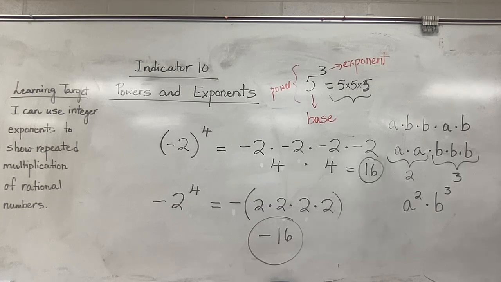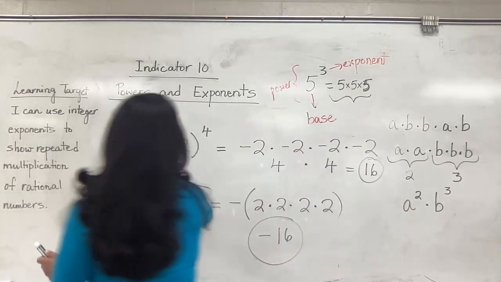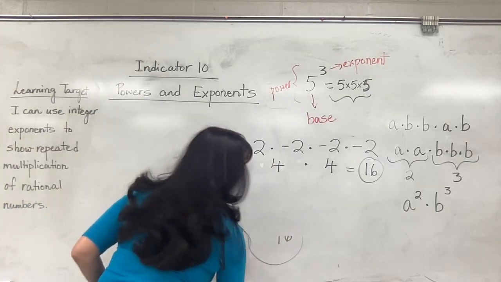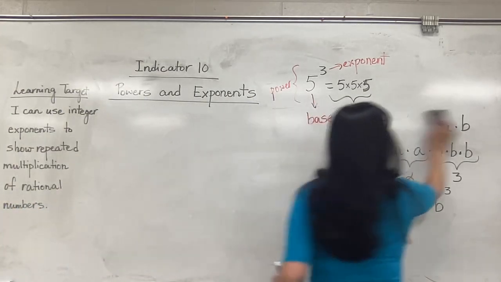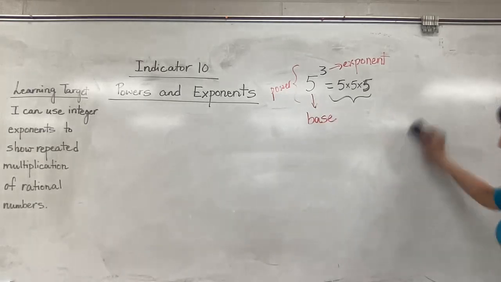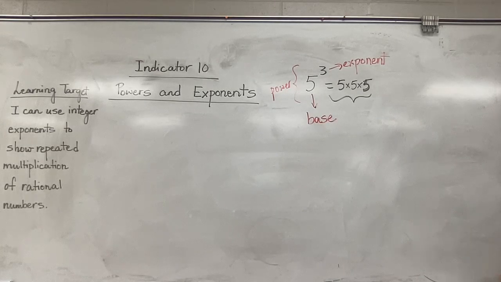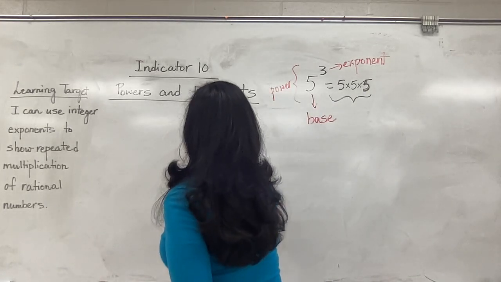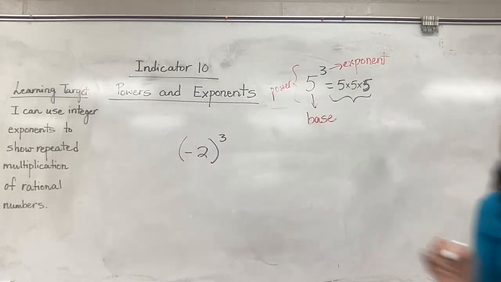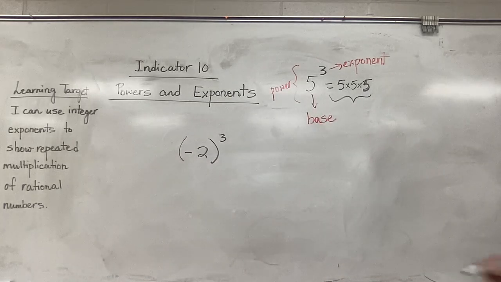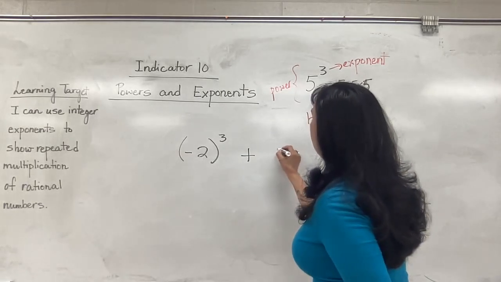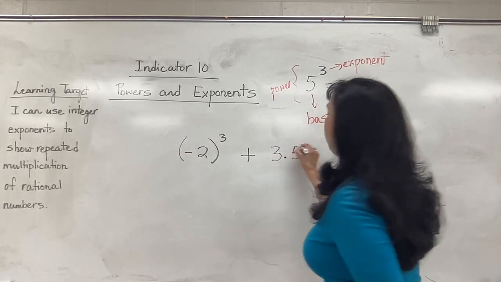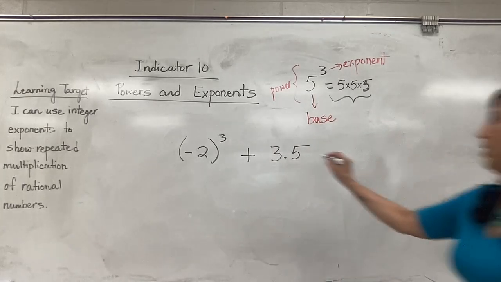So if I am going to now start evaluating numerical expressions, let's say my question is negative 2 cubed plus 3 and 5/10 squared.